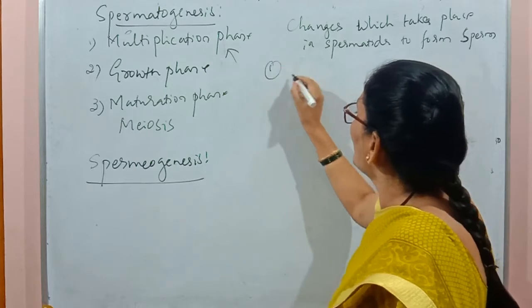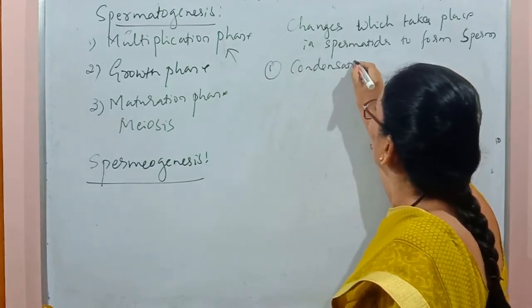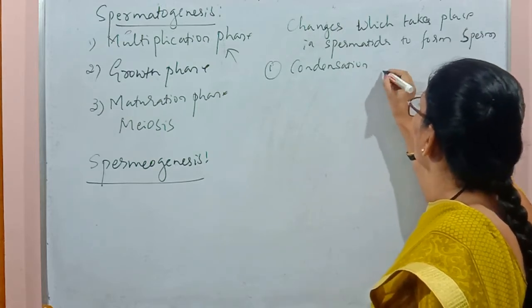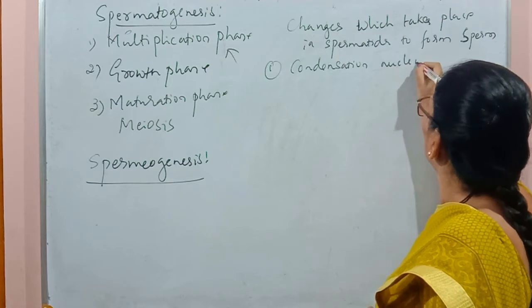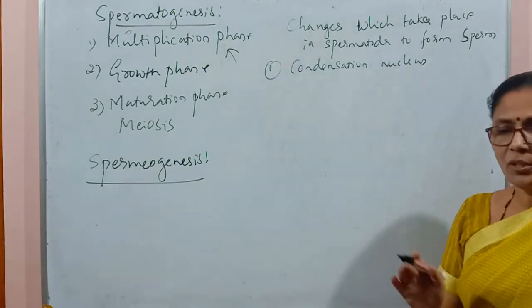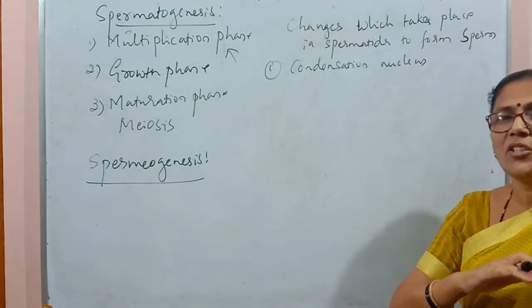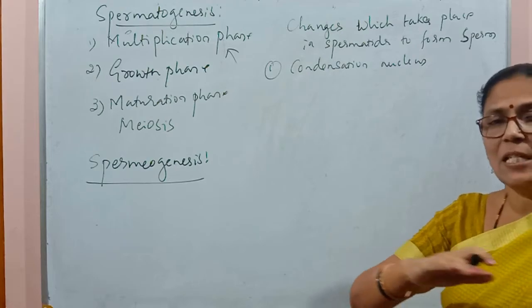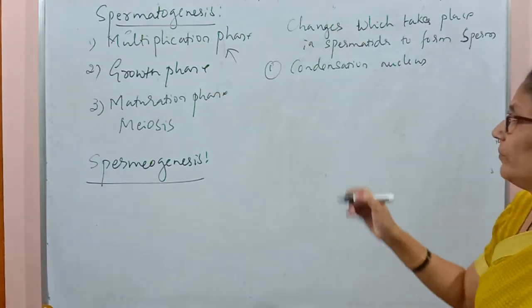The first change is condensation of the nucleus, or genetic material. The nucleus is condensing and becoming compact, and the genetic material becomes a homogeneously spread, mass-like structure. This is the first change.